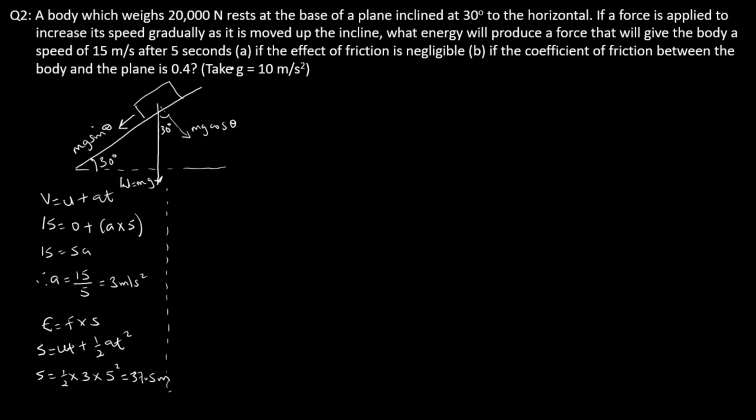So how do we find the force? Let us first consider the A part, which says neglecting friction. So we can write that the net force. Since we do not need to consider friction, it means we do not need to consider the perpendicular component of the forces acting on the body.